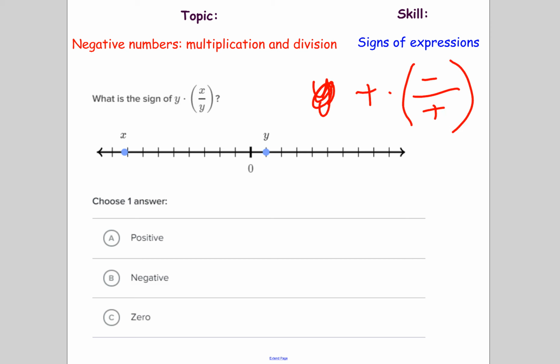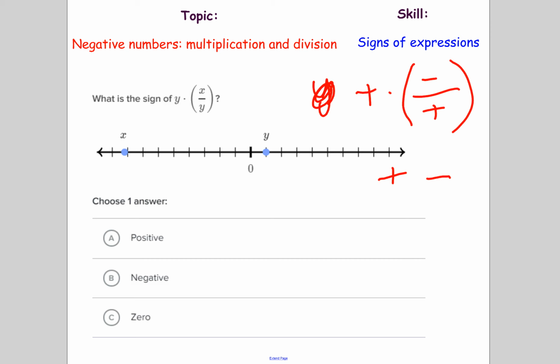So let's get the parentheses done first. So this is a negative divided by a positive. When a negative is divided by a positive, when a bad thing happens to a good person, that is bad. So this comes out to a negative.